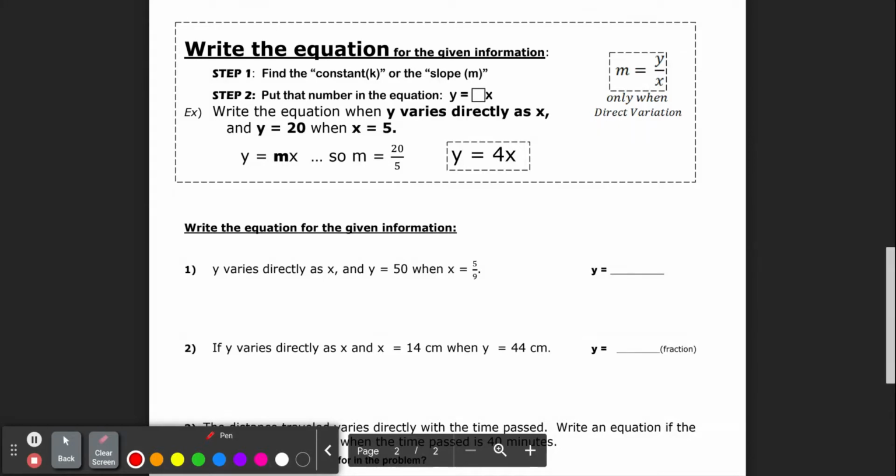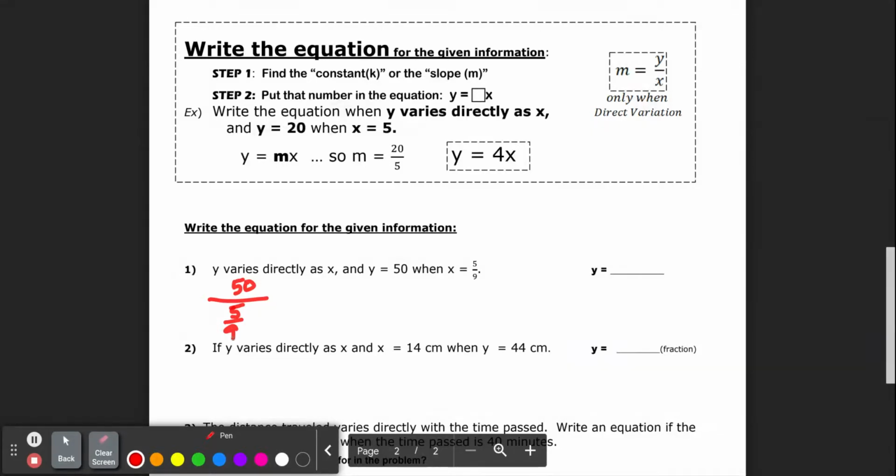Y varies directly as x when y is 50. So 50 divided by 5/9. Now you're probably looking at that going, oh my gosh. You can plug that directly into your calculator. Make sure you do the control divide so that you get that horizontal bar.